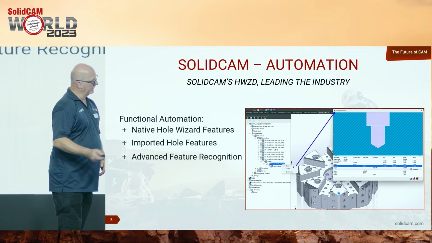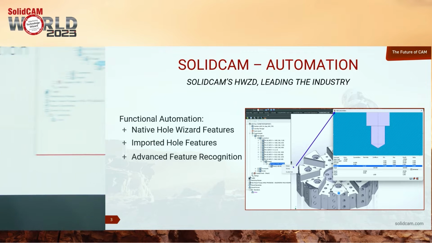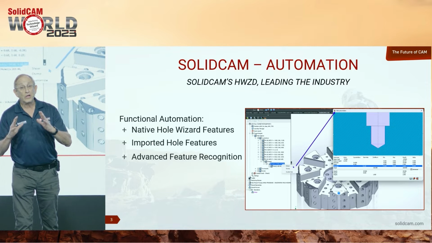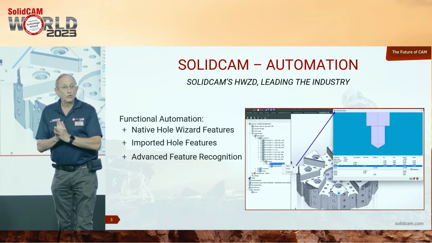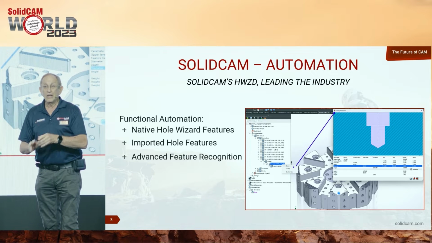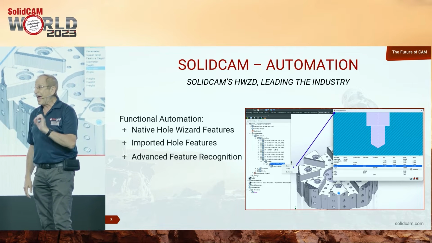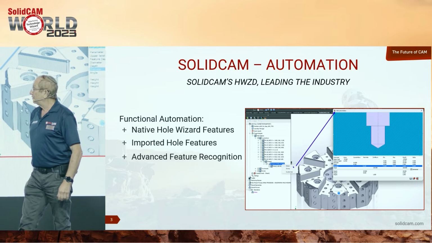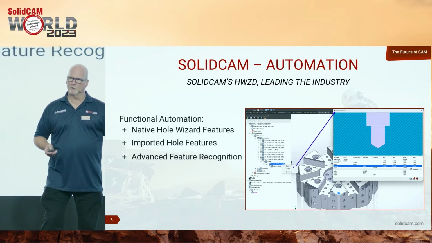And it recognizes a lot of information about that hole, doesn't it? Exactly. What we're recognizing now, which has been requested for quite a while, is we also recognize any tolerances that are inside those holes that are created in the native CAD part. Yeah, this is kind of MBD, isn't it? It's exactly going there. Yeah, exactly. It's right where we're headed.